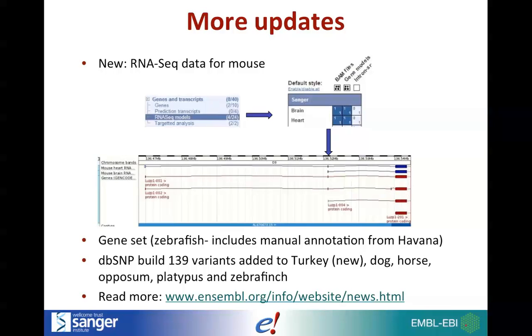Oftentimes Havana will come up with updates to the manual annotation for human, mouse, zebrafish, or pig, and so you'll often see in our release news that we've updated that annotation for a particular species. dbSNP build 139 variants have been added to dog, horse, opossum, platypus, and zebra finch, and actually they're new for turkey. We didn't have variants for turkey before, so we've added them to turkey, which is exciting, and you can read more on our news page if you want to know more updates.